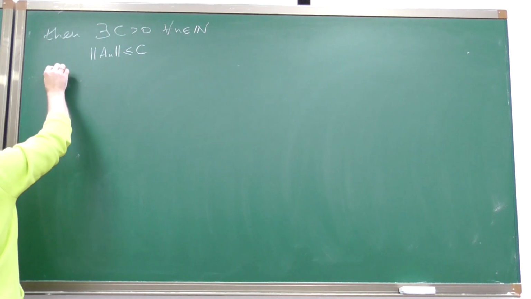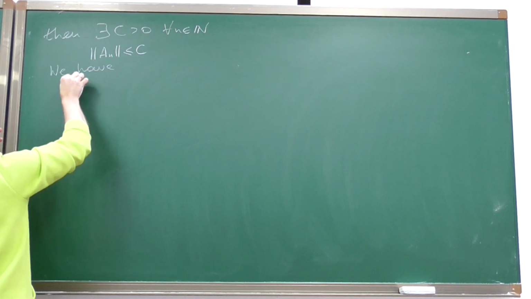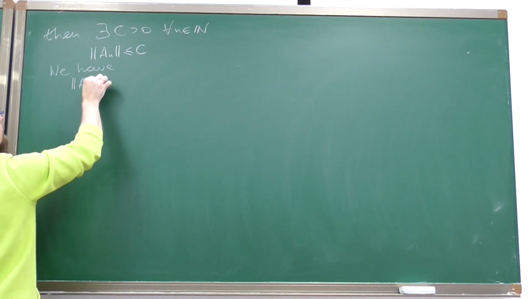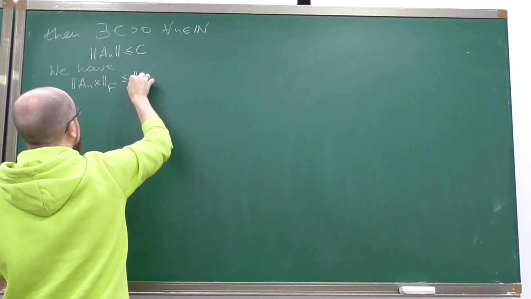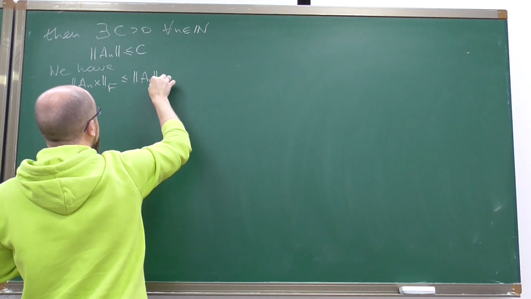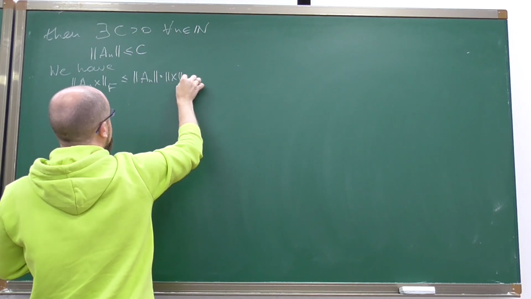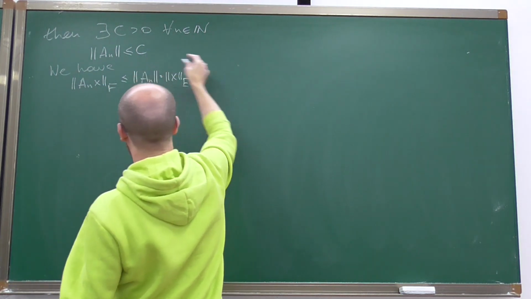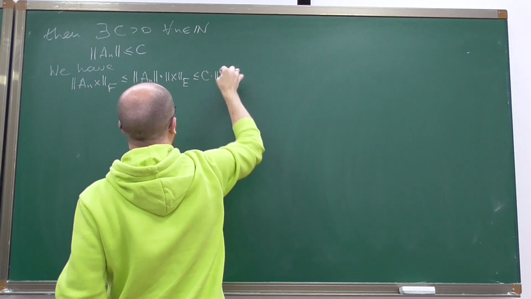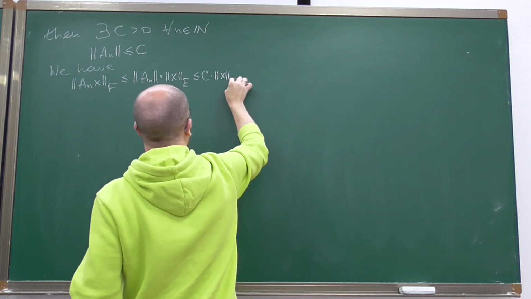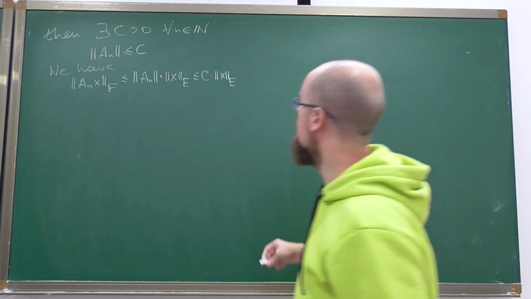We have the norm of A_n x in F less than or equal to the norm of A_n times the norm of x, which is then less than or equal to a constant times the norm of x, which holds for every n.